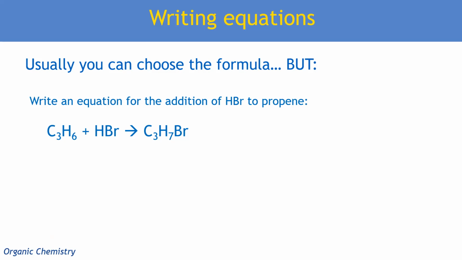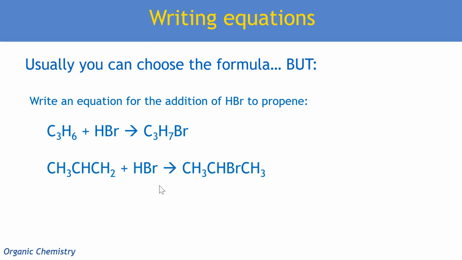You're expected to know that there's a major and minor product and that the bromine goes in the middle. There probably would be more clues in the question, like to produce 2-bromopropane, or it might say formation of the major product, so that you know the bromine has to go in the middle.